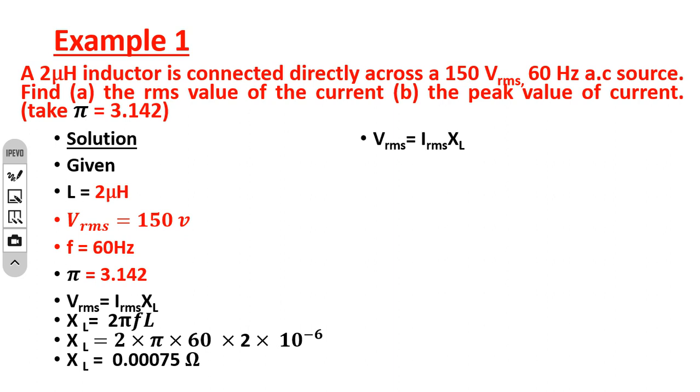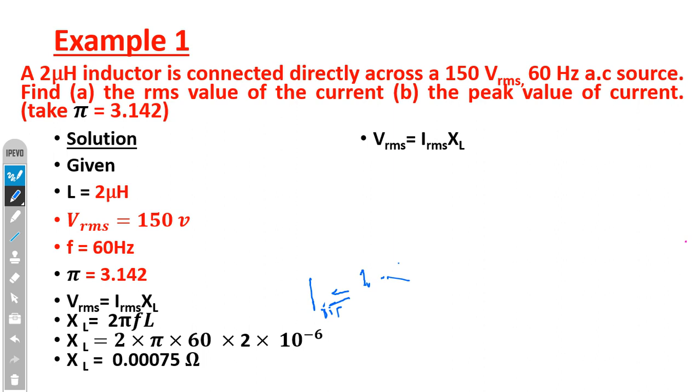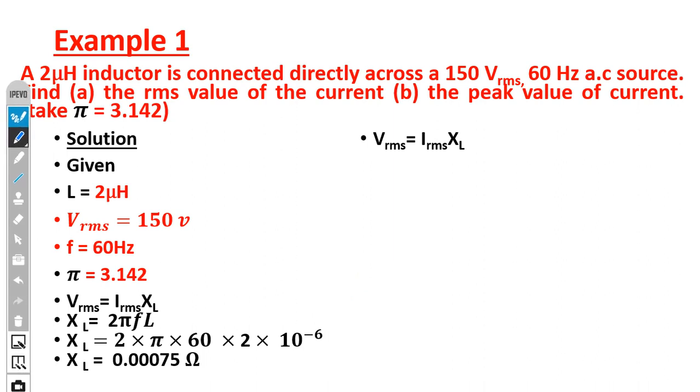So we can now go ahead and make I the subject from this expression that we considered here. Let me point this. This expression you're seeing here, I brought it here.